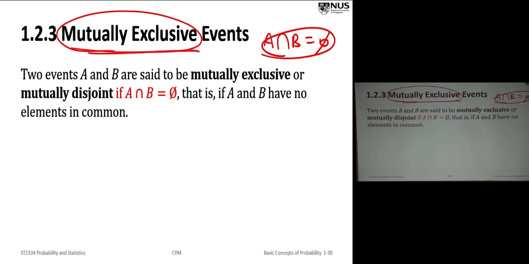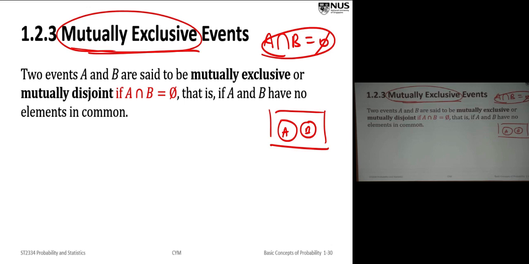Then we call them mutually exclusive. It can still be represented in the Venn diagram. It's very simple. Two events are mutually exclusive if there are no common outcomes. It makes life much easier.